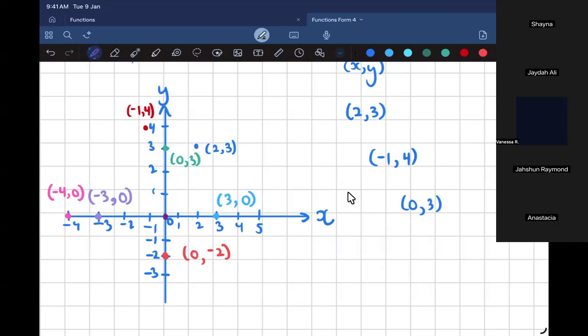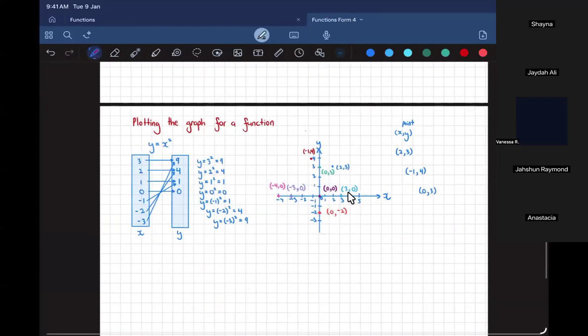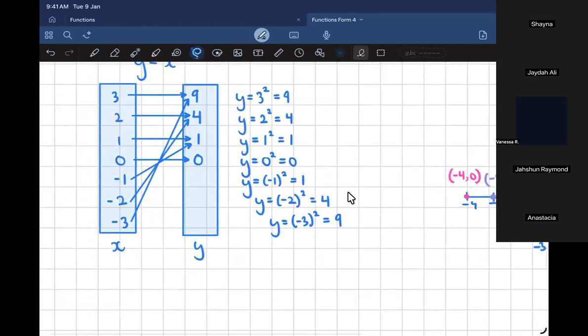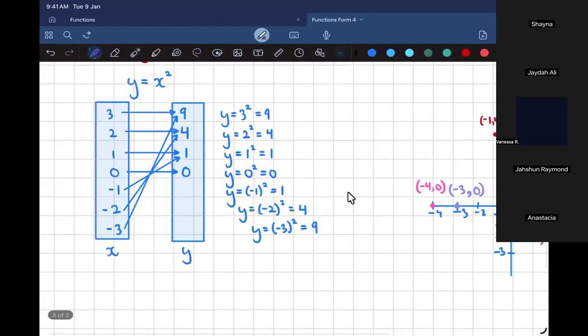Jada, what would this point here be? 0 and 0. Cool. I think all of us could plot a point by now. All right. So now we could actually move on to the fun part. So Jada, we put in some X values into the function and got some Y values.